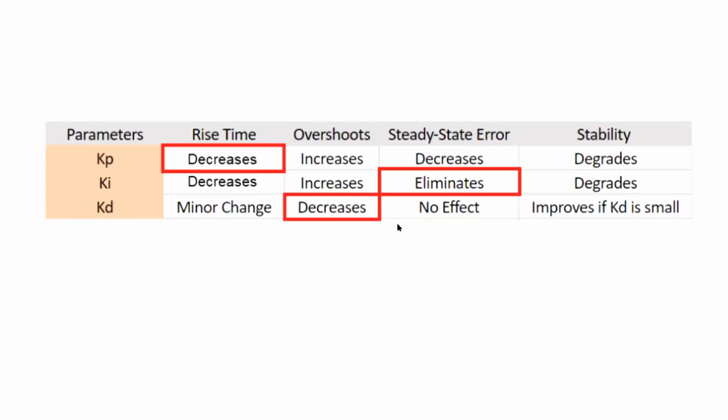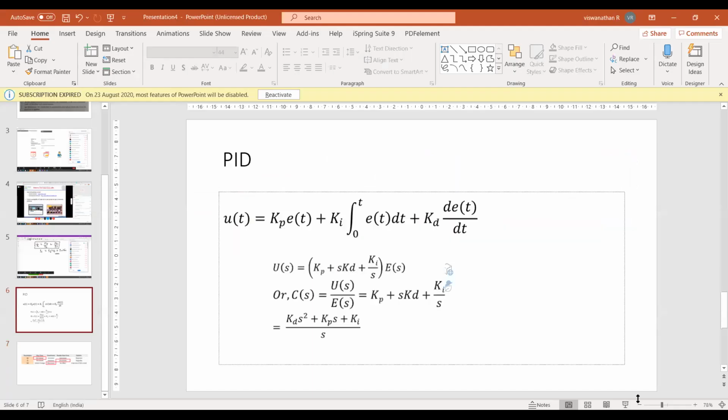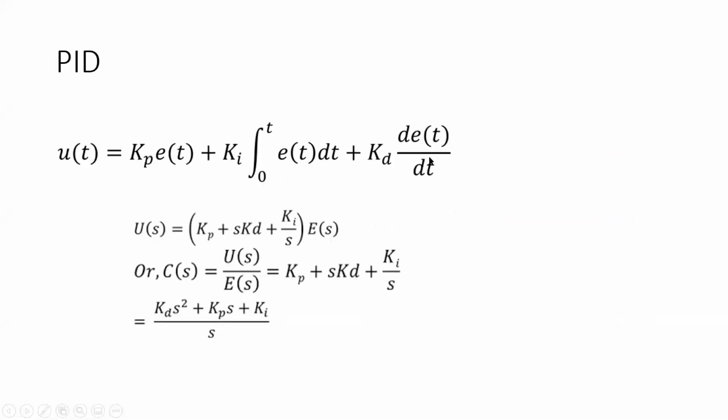So a combination of these three is called PID control. P stands for proportional, I stands for integral, D stands for derivative. So it is a sum of these three: proportional, integral, and derivative.